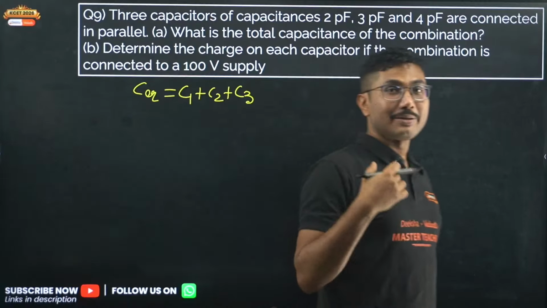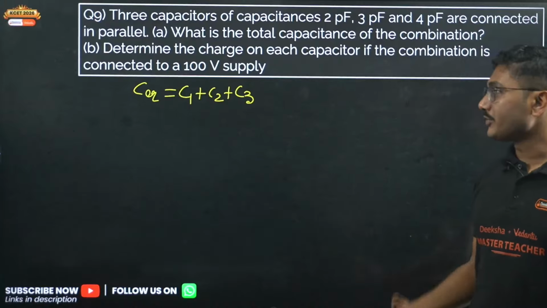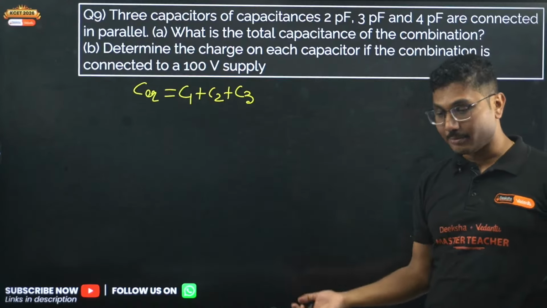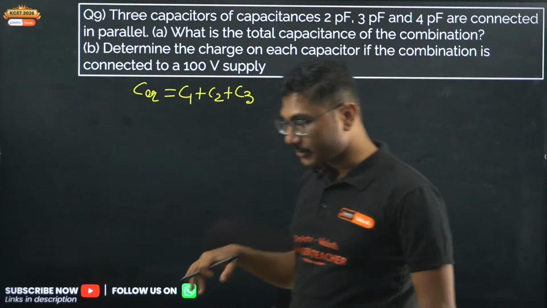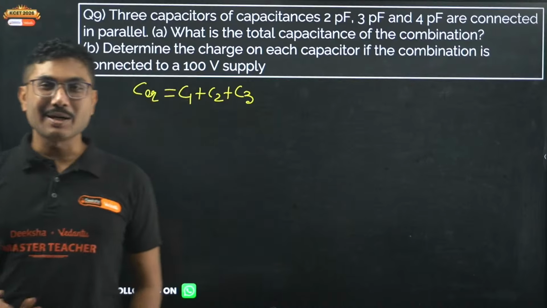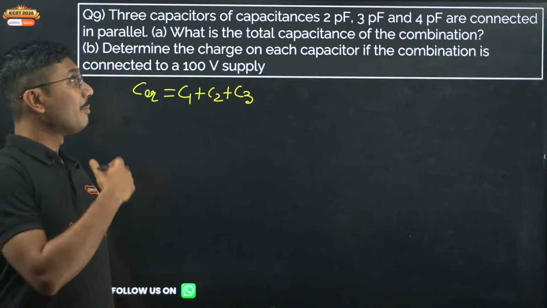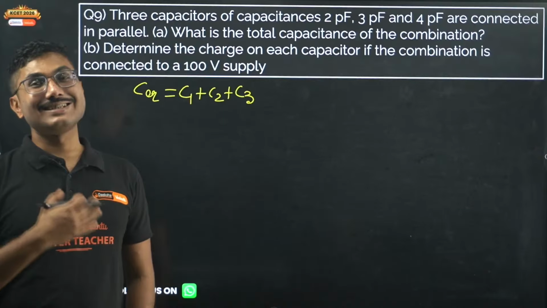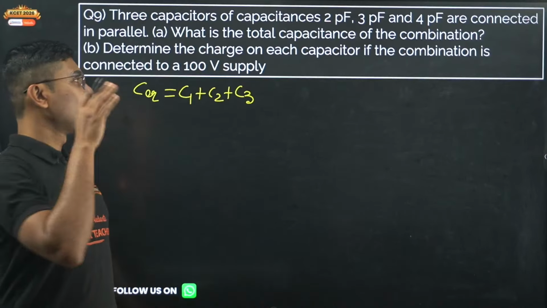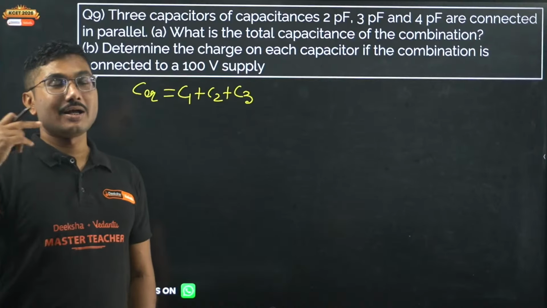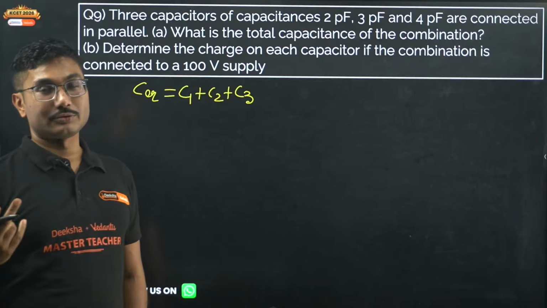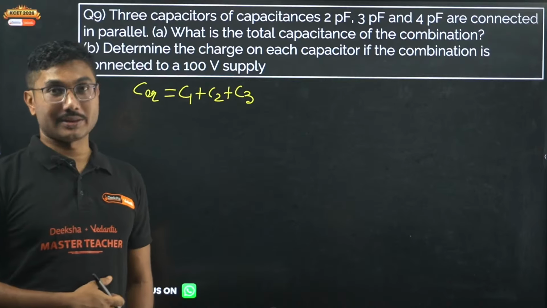The mistake students make in capacitor-based questions is that they confuse the series combination of capacitors and the series combination of resistances. Series combination of capacitors adds like resistances in parallel. Parallel combination of capacitors adds like series combination of resistances. So don't make that mistake, that might make you lose marks.